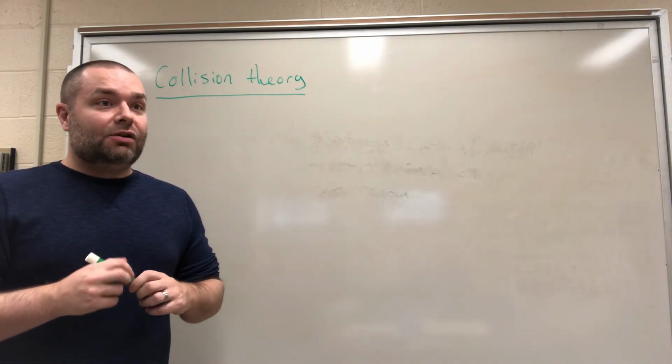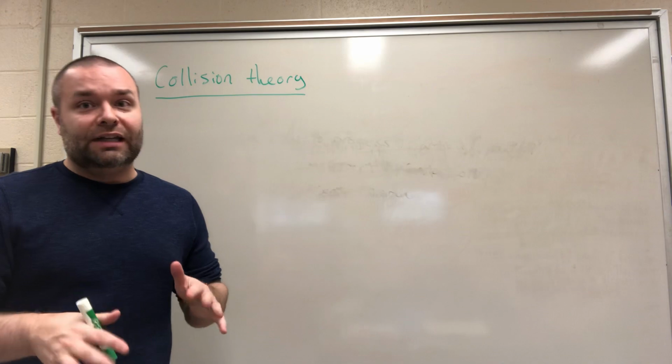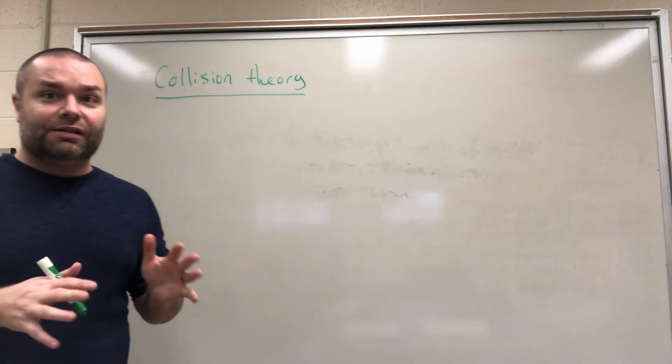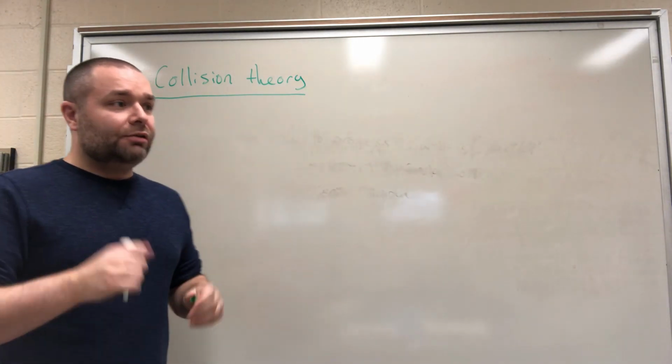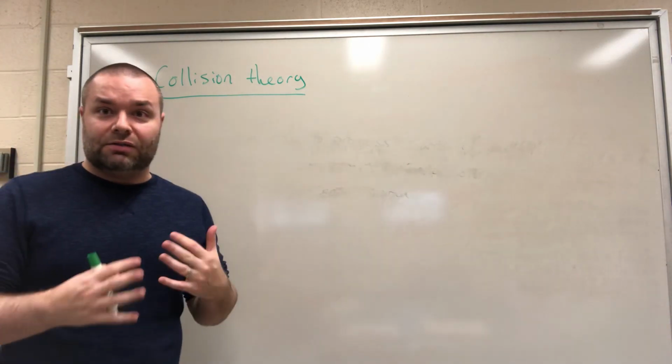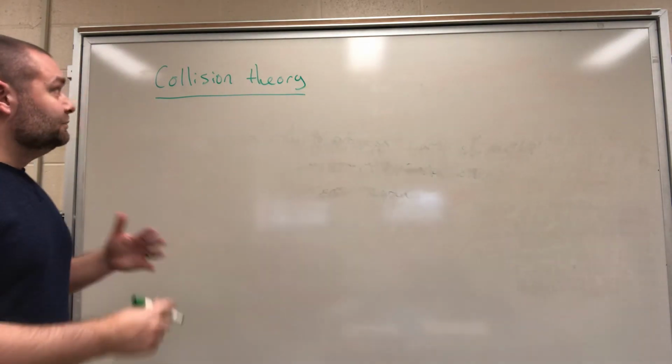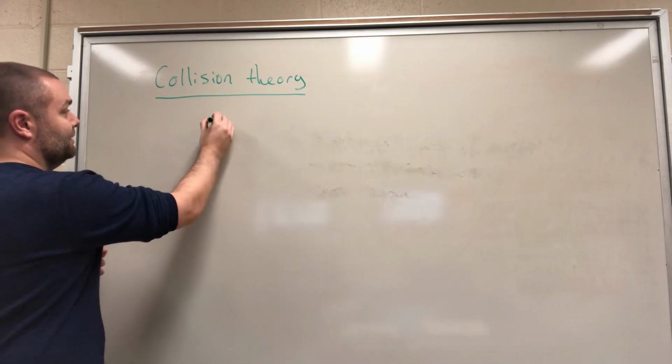All right, and so before we get to that mathematical linking, let's start with discussing collision theory in general, what it means, and how we're going to use it to describe how a reaction occurs. The ideas behind collision theory are pretty simple.